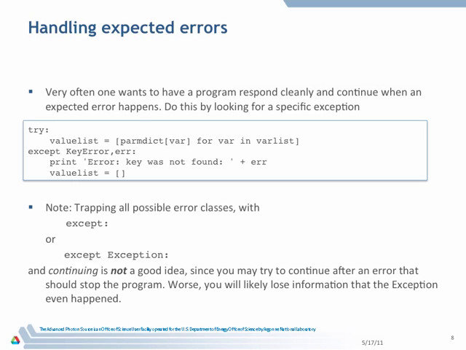Okay, so when you can, you want to work in such a way that your program responds to a specific error. Here you don't have to worry about what exactly the syntax is because this is called a list comprehension, and I think it's sophisticated enough that I don't really need to teach it.